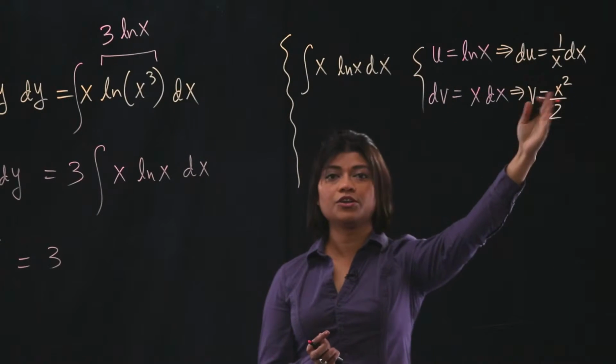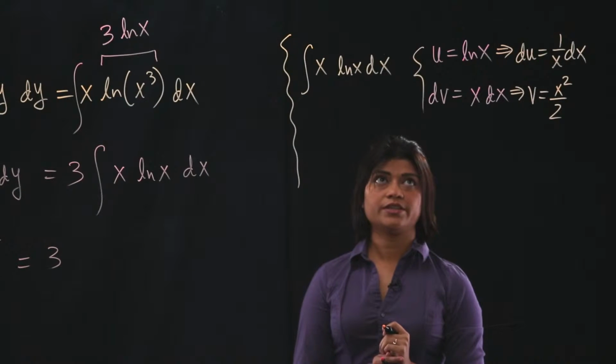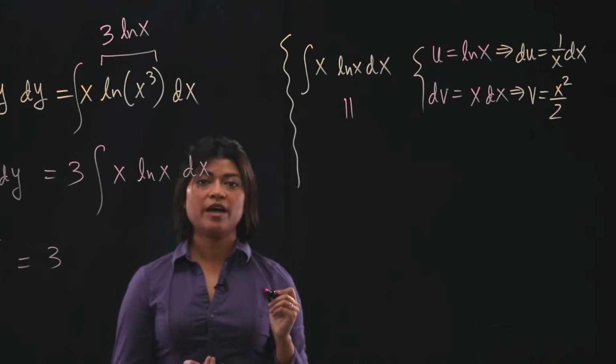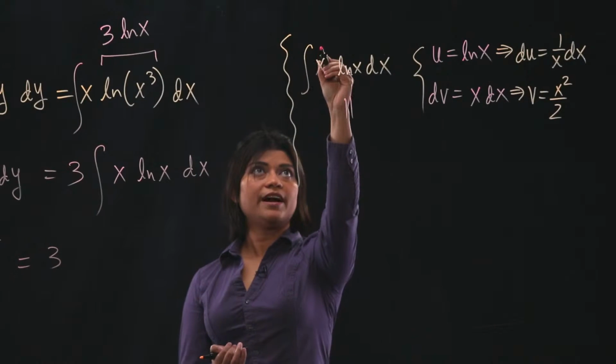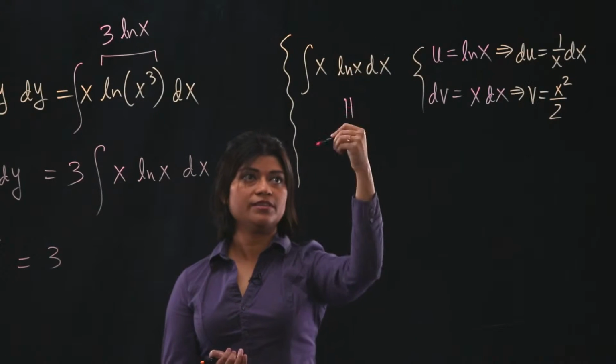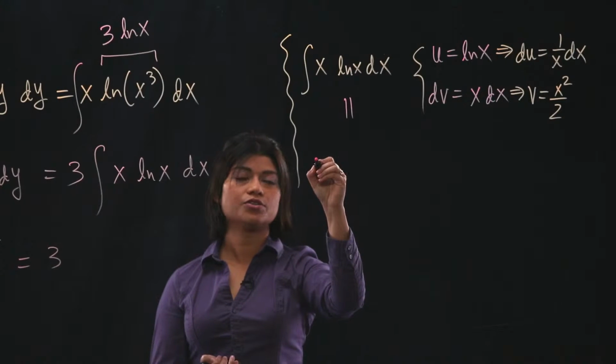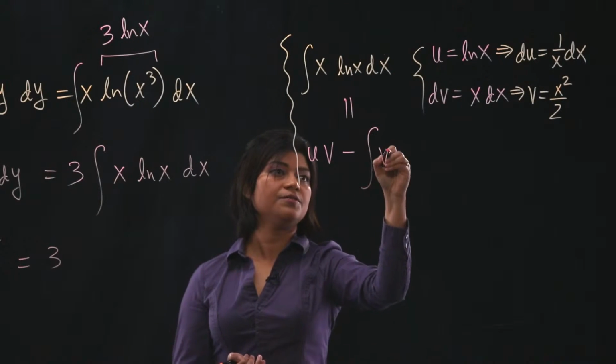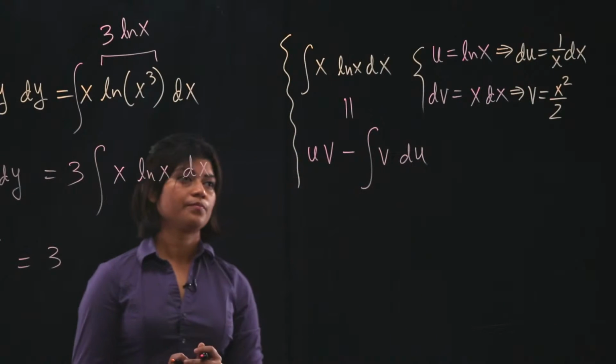And of course we ignore the constant of integration here. All right, so use the integration by parts. So we have divided it into u times dv. By parts says this is equal to u times v minus integral v times du.